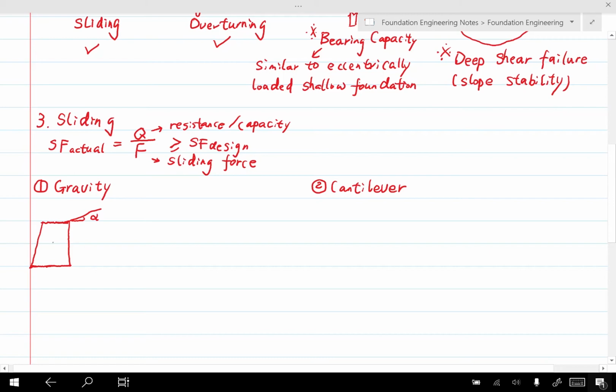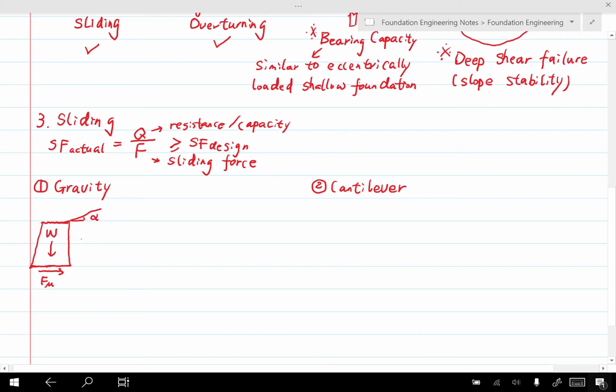To do that, we need to find out all the forces, and the first one is the weight. And between the wall and the soil below it, we know that we're gonna have friction. Let's call it F mu, that's the frictional force.